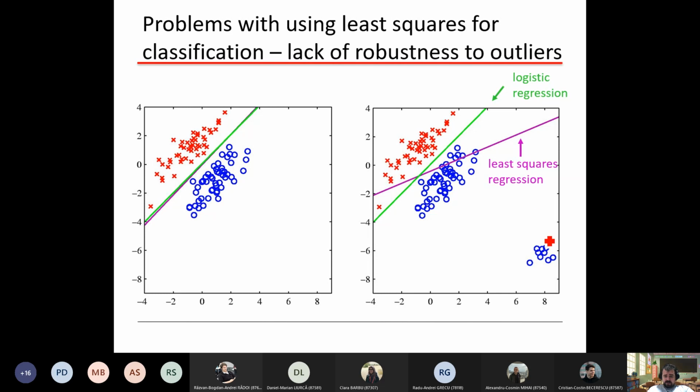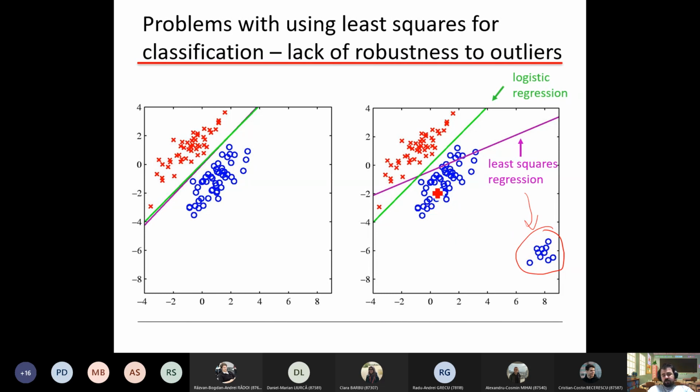However, if some outliers are also present, then least squares regression will try to somehow explain these points, because least squares regression, if you remember from last time, was used when you had a Gaussian distribution.